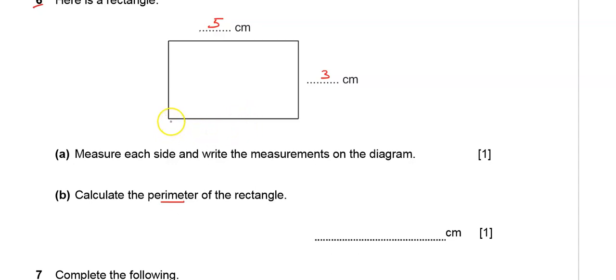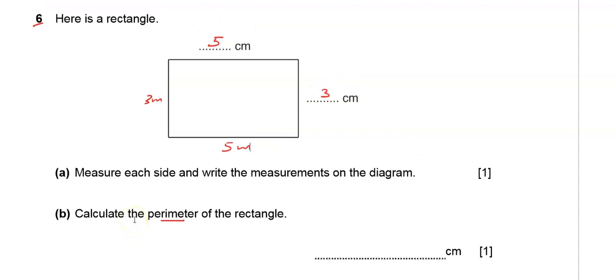Perimeter is the length round the rectangle. So this is 3 centimeters and this side is 5 centimeters. A rectangle has sides that are equal on both sides, sides that have the same length.